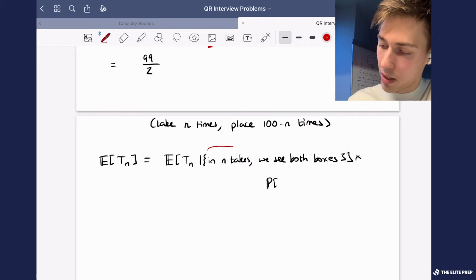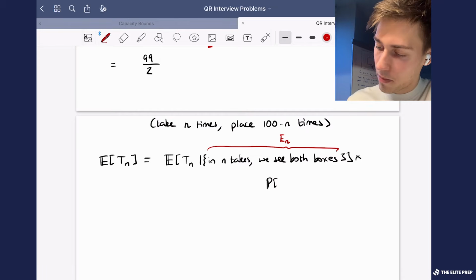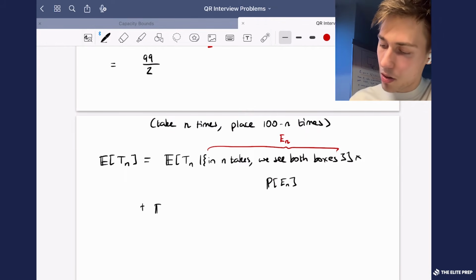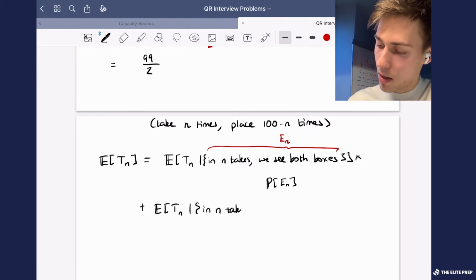So I'm going to call this event En, and plus the expected value of Tn, given that in n takes, we see only one box, times 1 minus probability En.